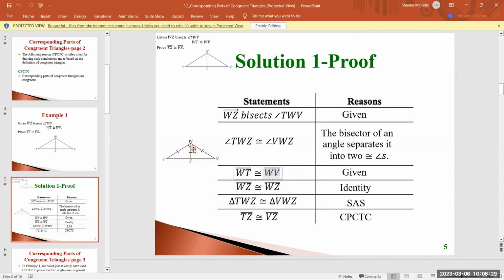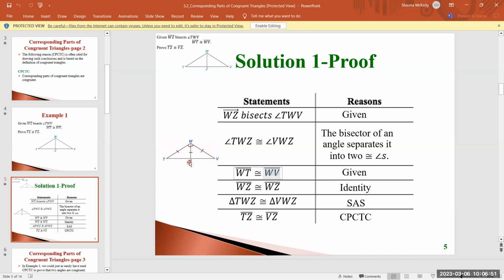So we've shown that the triangles are congruent by side, angle, side.